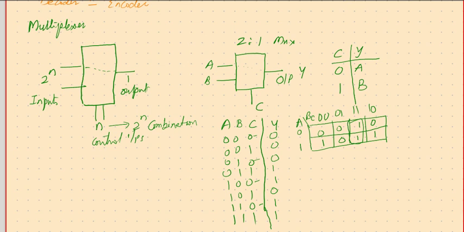Very easily this pair is visible, and this pair is also visible. One more pair is not easily visible, but these two cells can also be part of a pair. Therefore Y is equal to B C for this pair, A B for this pair, and A C bar for these two.